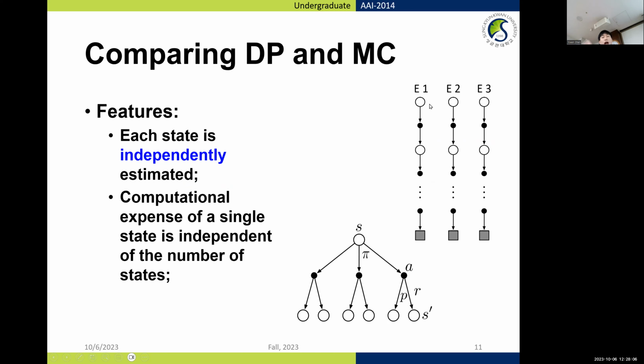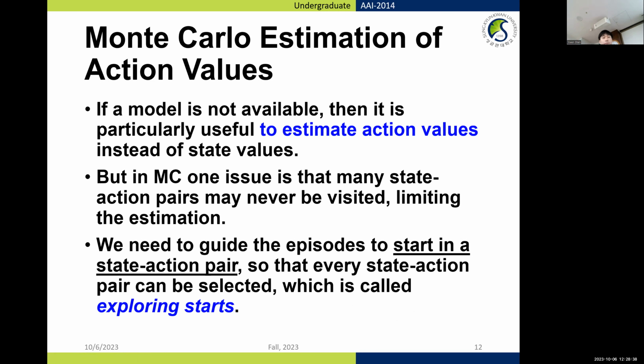Then we can update the state value based on experience, based on multiple episodes, E1, E2, E3. Once we update the state value from episode 1, it is used for the next episode E2 to update again. After E2, the state value moves to V3, and we update again. Eventually we converge to a stable value.